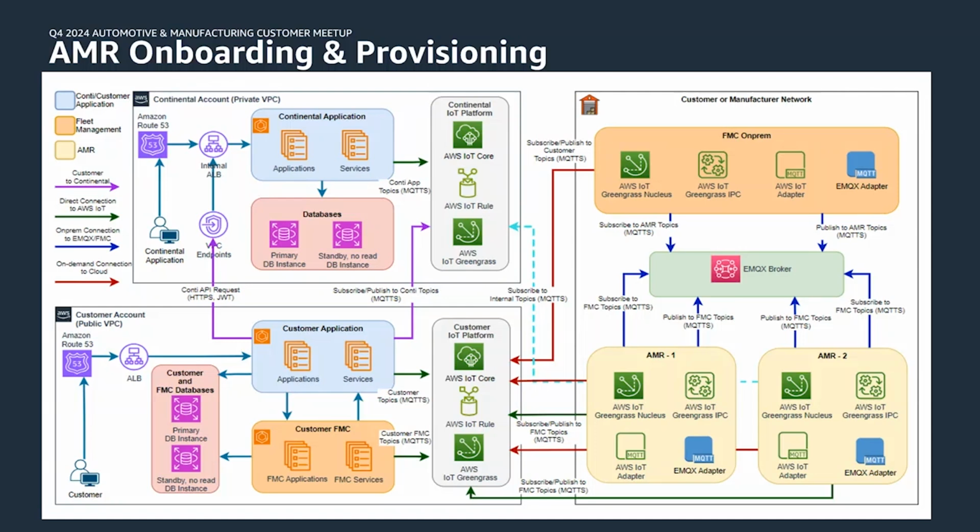The FMC is also connected to the warehouse management system, building management system, and other warehouse applications that the customer is using. So all of them are connected and communicate through the MQTT protocol. Communication among AMRs uses standard protocols.